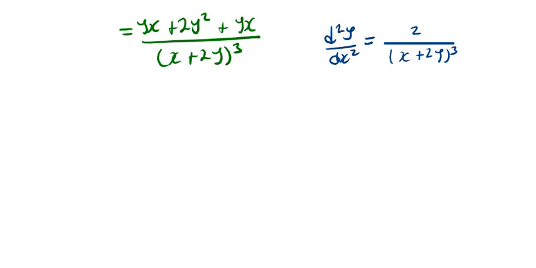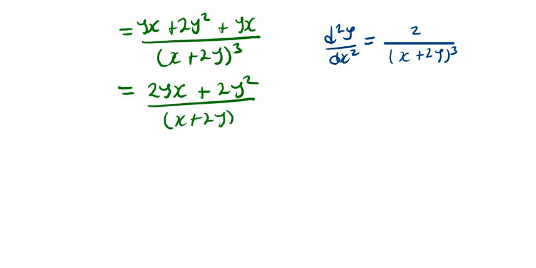Now the question is, why doesn't it look like the other one? So here we can say this is going to be 2yx plus 2y squared, divided by your x plus 2y to the third, like that.